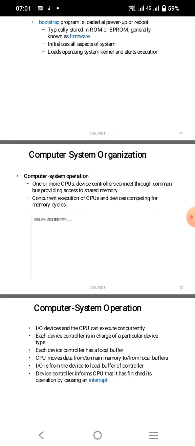The CPU moves data between main memory and local buffers. I/O is from the device to the local buffer of the controller. The device controller informs the CPU that it has finished its operation by causing an interrupt.